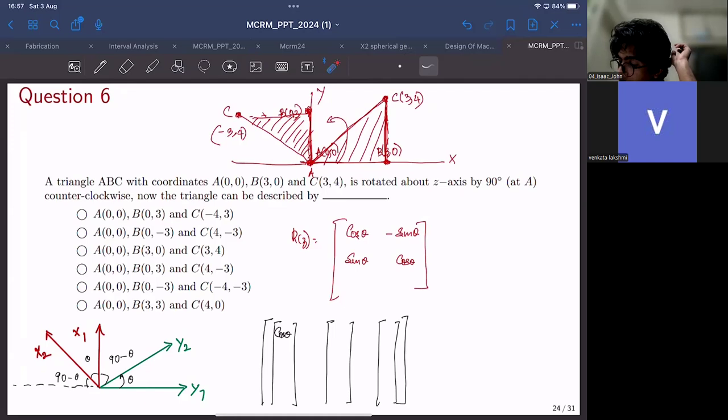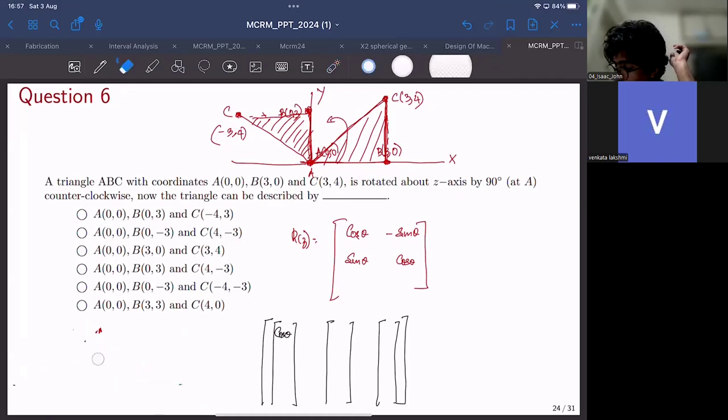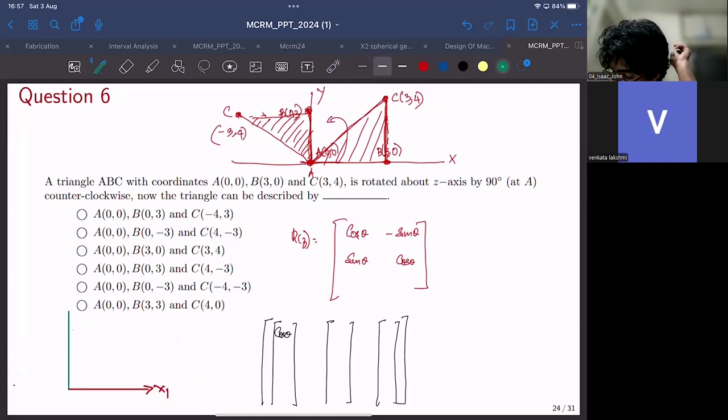Okay, I think I made a mistake actually. By sticking to that standard, I'll just keep this as x1. Y1 would be like this.